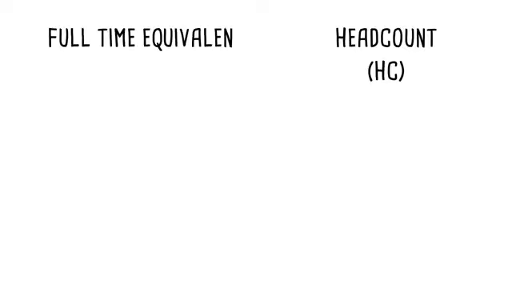Then the next question will be, with a 15% productivity increase, can I reduce my cost by 15%? The answer is that it is not that simple, and this is actually not always the best thing to do. First of all, we need to make the difference between headcounts and full-time equivalent. Headcount is the actual number of employees.